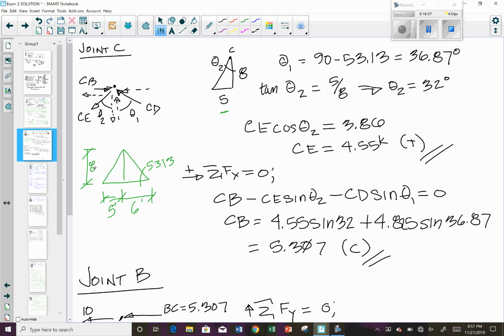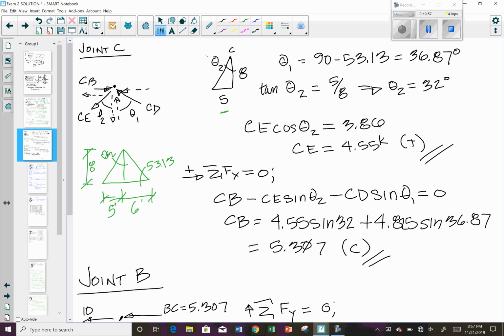such that this angle now, this theta 2 angle, theta 2 is equal to tangent of opposite over adjacent.